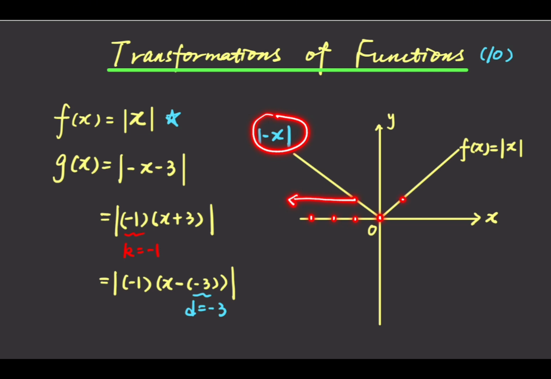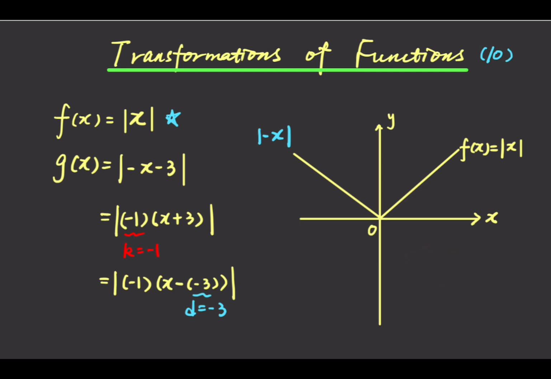That is to say, the whole graph should be translated to the left side by 3 units. But for the graph, the shape should be kept unchanged.